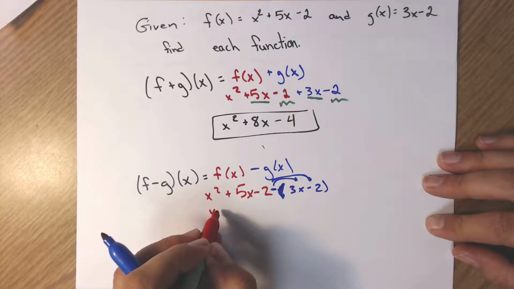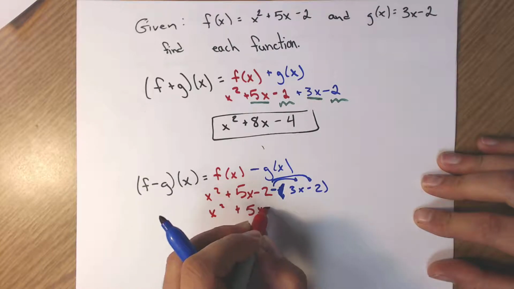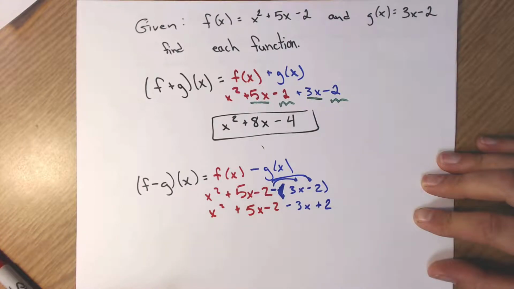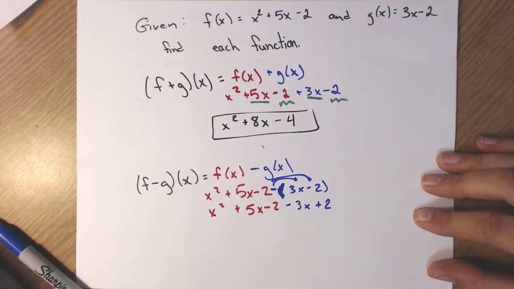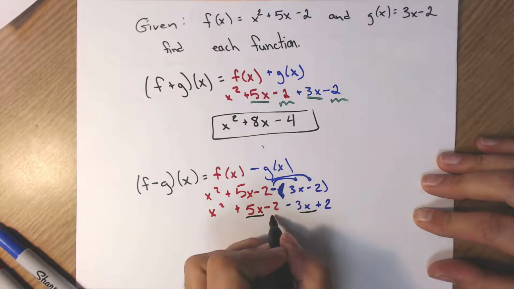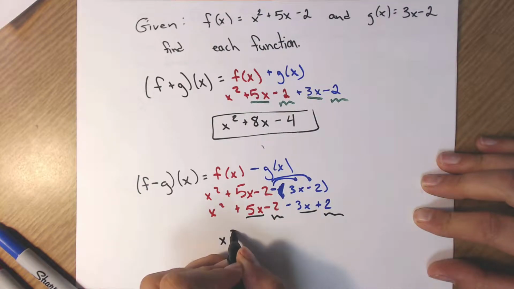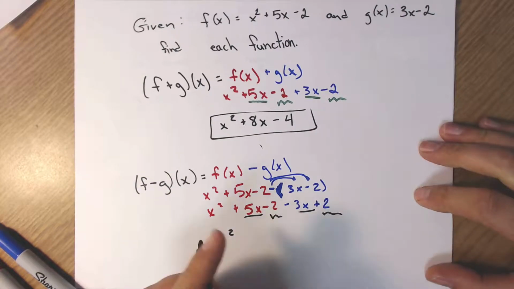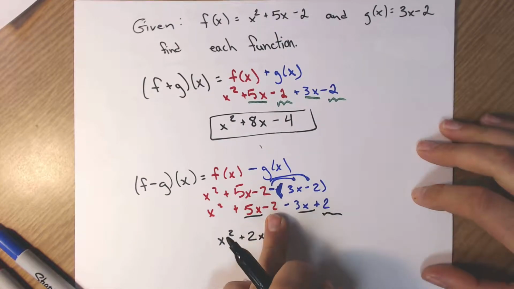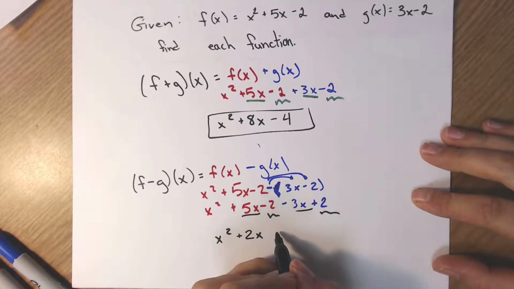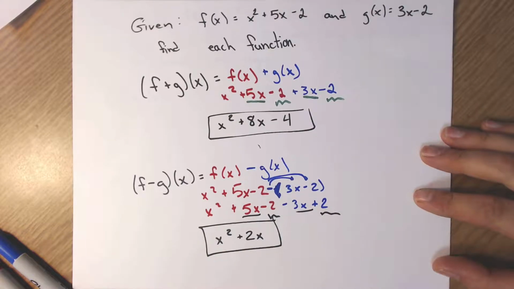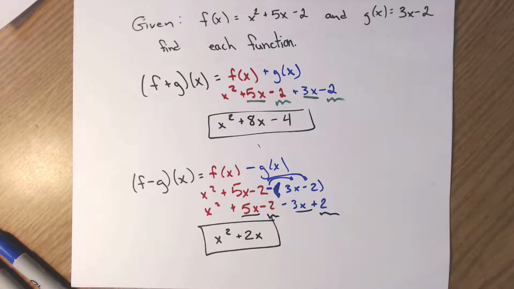So I now have x squared plus 5x minus 2 minus 3x plus 2. Then I can combine any like terms. We have our x's, and we have constants. x squared, 5x minus 3x gets me a positive 2x. -2 plus 2 gives me 0. So that is my final answer. Again, there's no restrictions in my domain or my range because there's no square roots and there's no denominators.